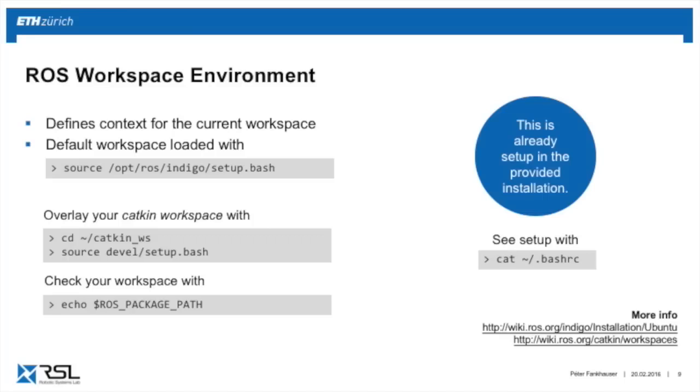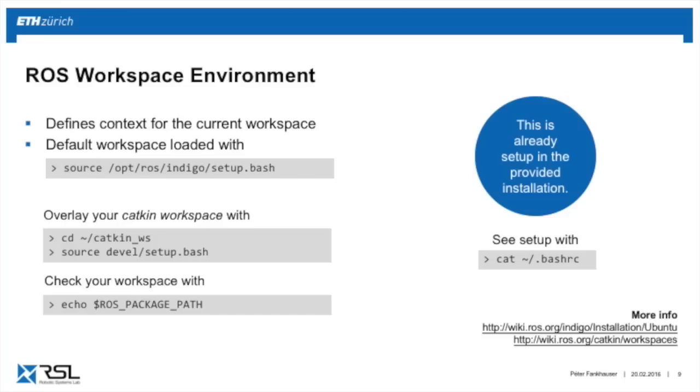One important element that you'll see is the ROS workspace environment. This defines the context in which you're working in the ROS environment. When you install it, there's a standard environment, which you load by typing in this command, which loads the ROS version and then the environment that you need. Importantly, you can overlay these environments. On your PC, we already pre-installed one, which we set up in the standard folder, the Catkin workspace.